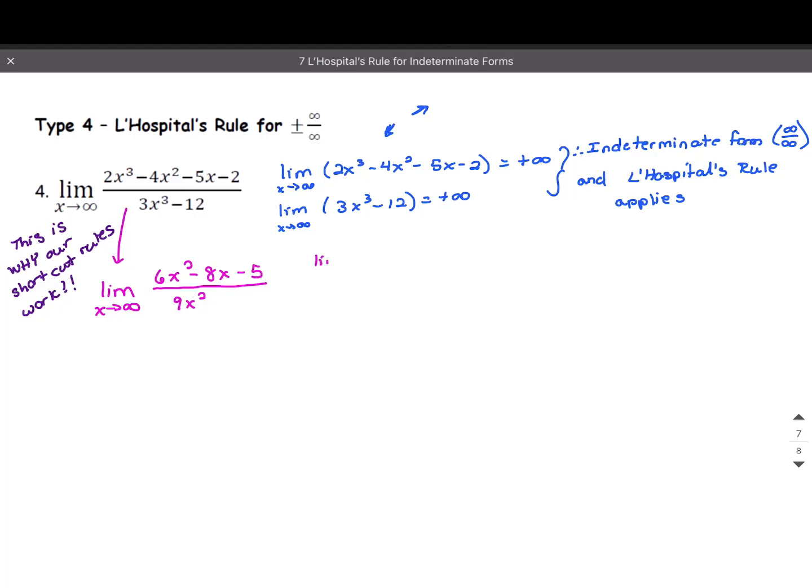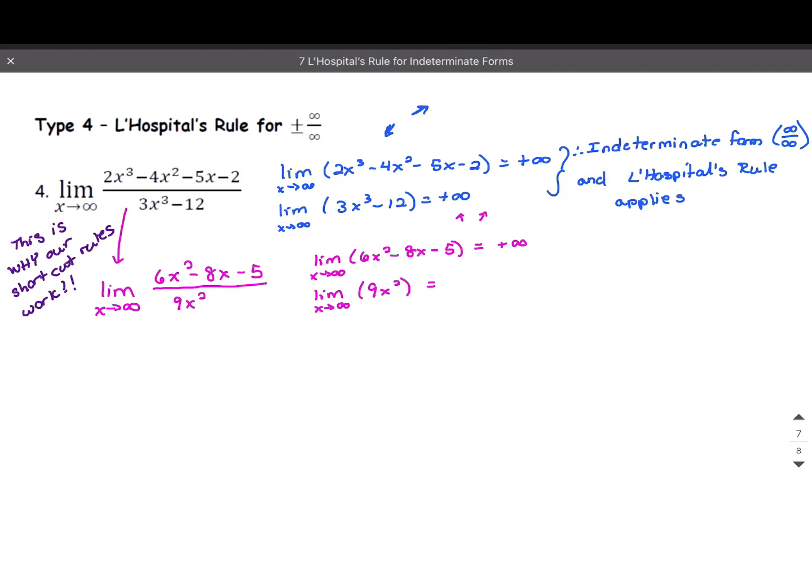We're going to take the limit as x heads to infinity of 6x squared minus 8x minus 5. That's an even polynomial with a positive leading coefficient, so it's going to look like y equals x squared on the ends. So it's increasing without bound. We have the limit as x heads to positive infinity of the bottom, 9x squared.